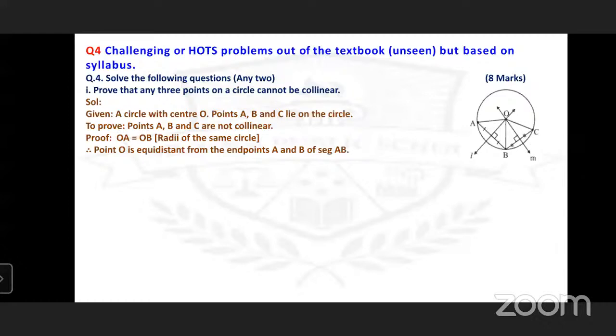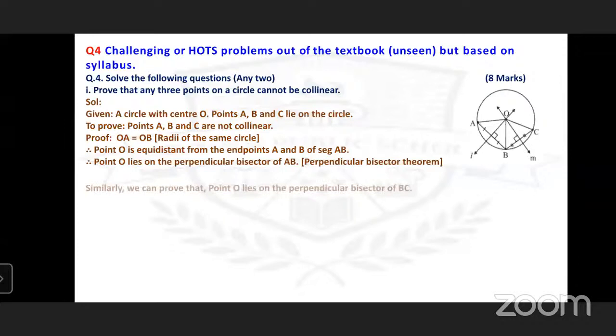Therefore, point O lies on the perpendicular bisector of AB. We drew the bisector of AB, that is the line, we applied the perpendicular bisector theorem. So L is the line, L is the bisector of line segment AB.